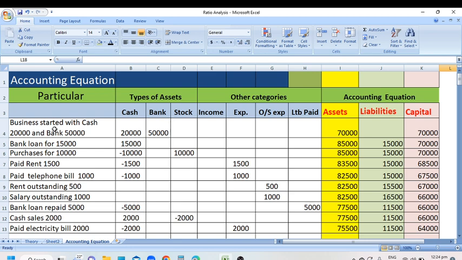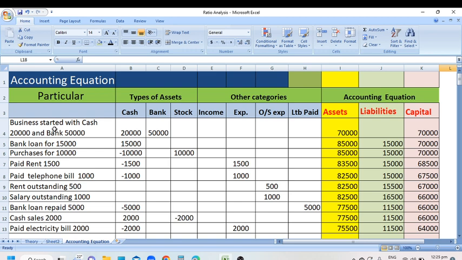Bank loan always affects the liability, and the amount you get will be added to cash. Purchases, you get the stock, and the cash will be minus. Rent paid is an expense, definitely the cash will be deducted, and the expense will be deducted from the capital too, because I told you already, expenses and outstanding expenses will be deducted from the capital because they affect the capital.